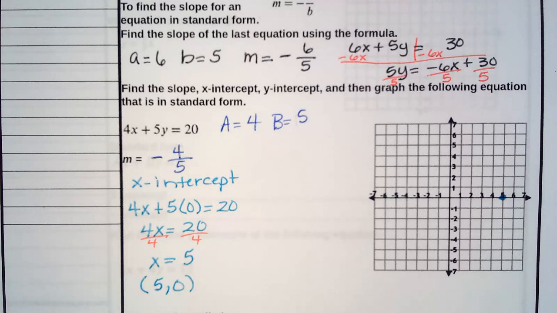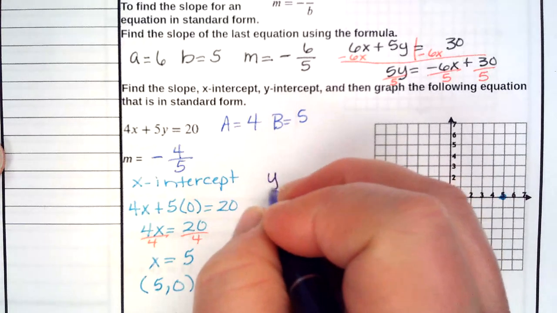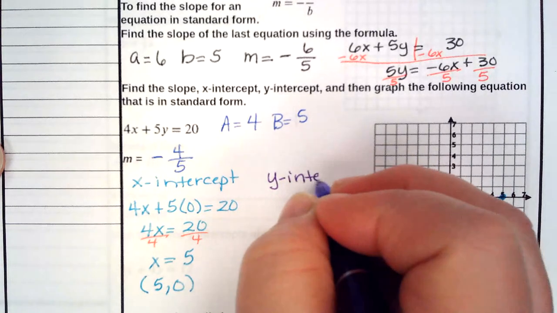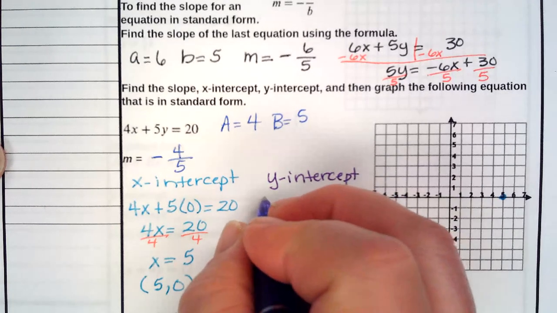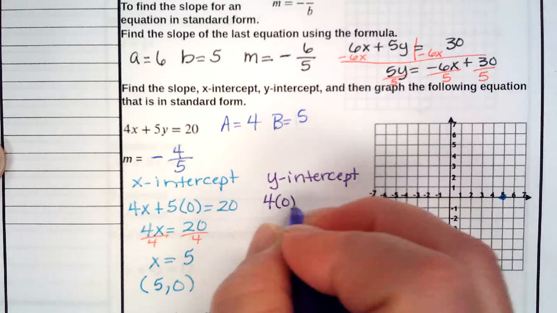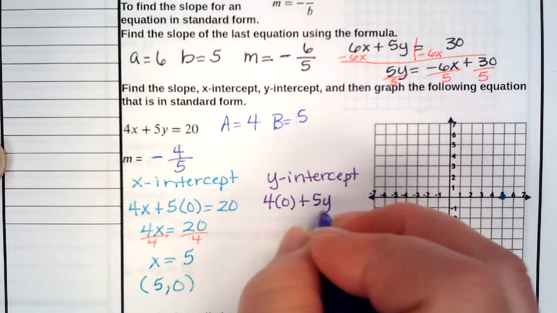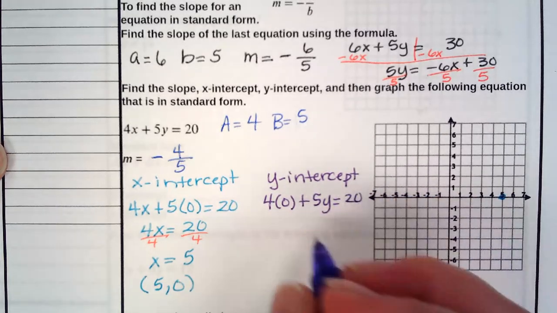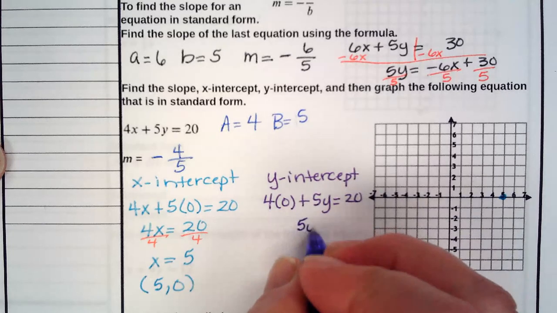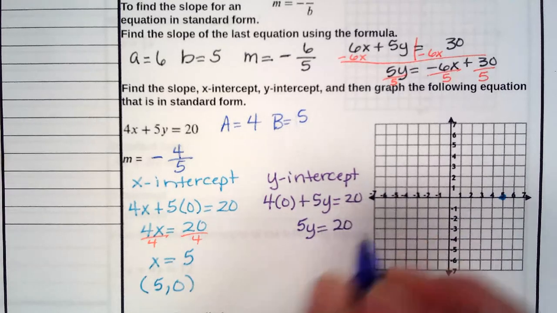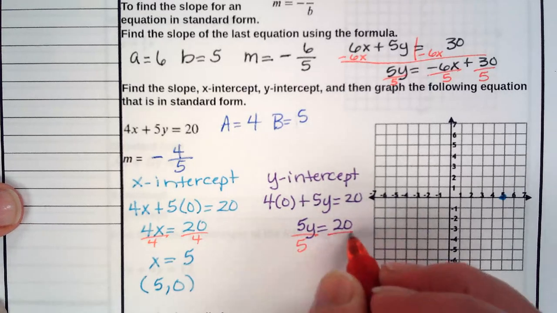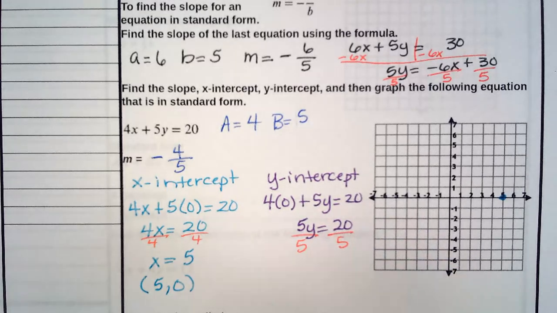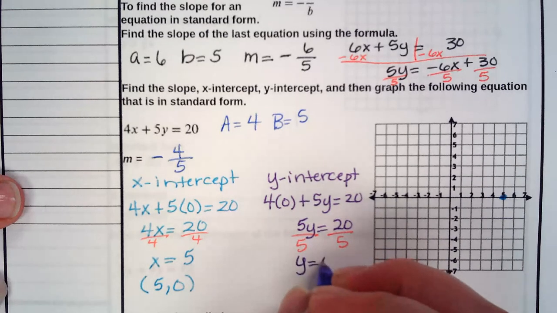Okay, for my y-intercept, we know that x is equal to 0. 4 times 0 plus 5y is equal to 20. 5y is equal to 20. I'm going to divide both sides by 5. And y is equal to 4.